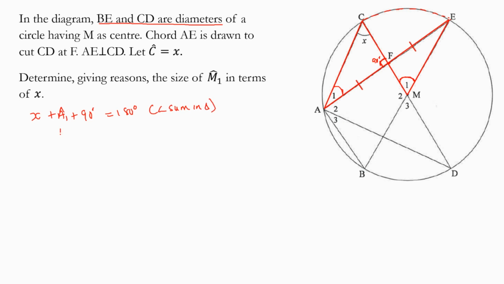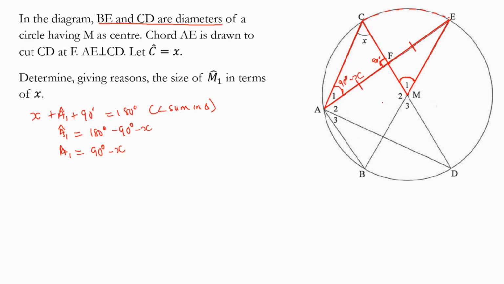And then angle A1 is equal to 180 degrees minus 90 degrees minus X. So angle A1 is equal to 90 degrees minus X. You see that? So that's angle A1 there, which is 90 degrees minus X. Let's write that.